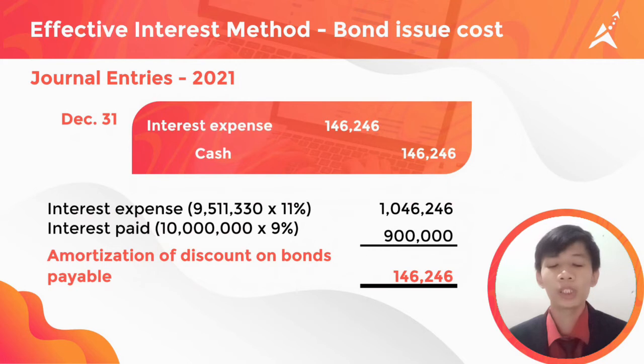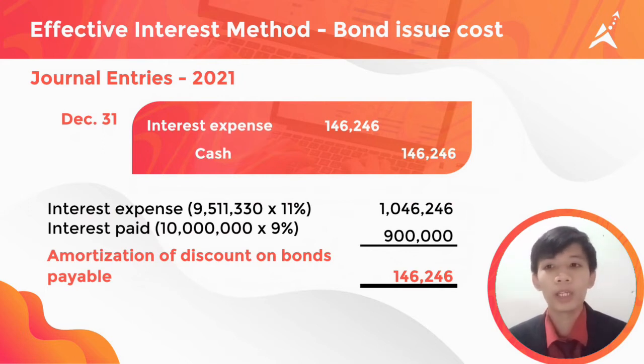So the interest expense of 1,046,246 deducted by the interest paid amounting to 900,000, the amortization of discounts on bonds payable is 146,246.